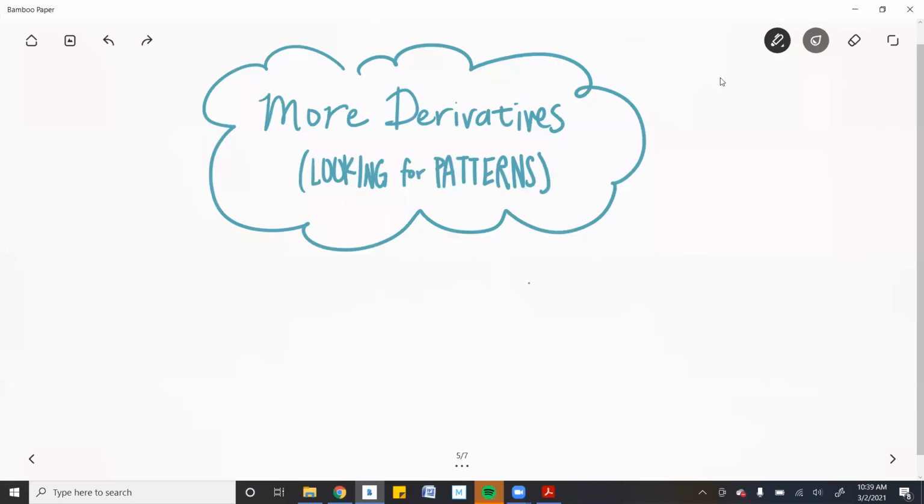Okay, so today we're going to be looking at more derivative stuff. Specifically, we're going to look for maybe a better way to do derivatives, because as you've seen at this point, the process can be a little bit long and tedious, especially if the function looks a little bit more complicated.